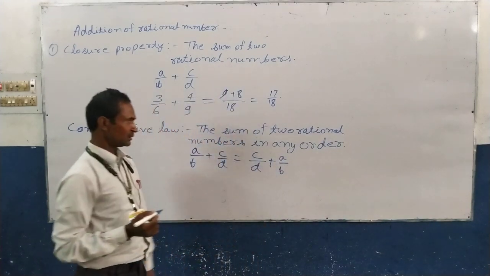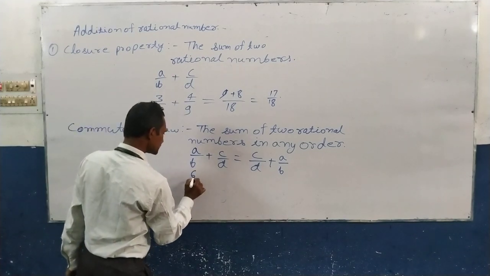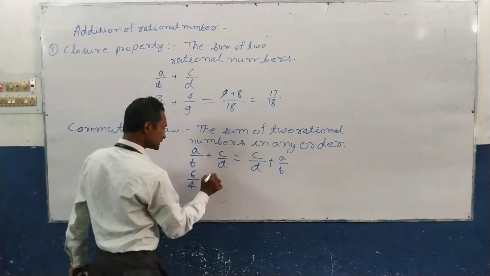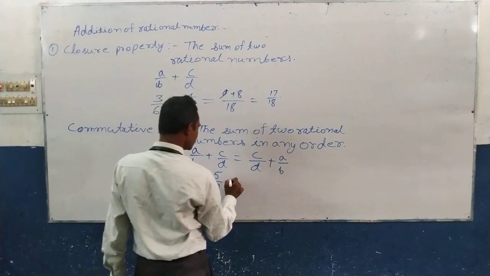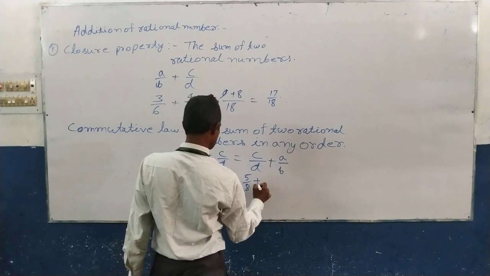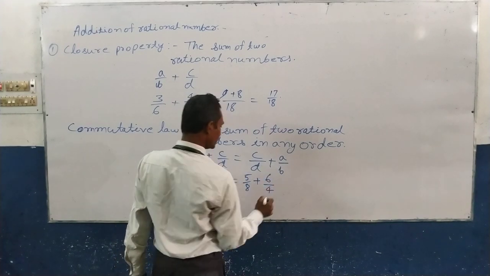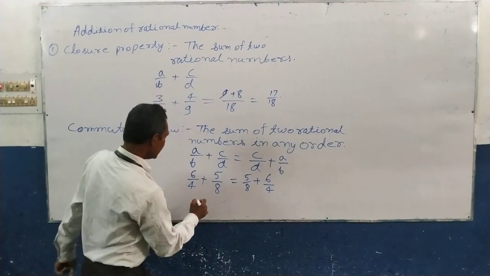We can take any integers for it: 6 by 4 plus 5 by 8 is also equal to 5 by 8 plus 6 by 4. We can find here and also sum here.